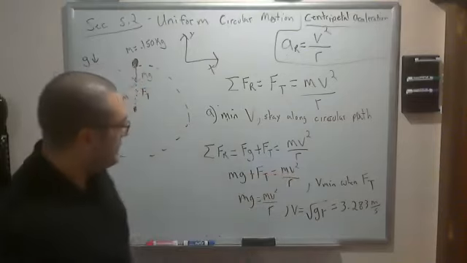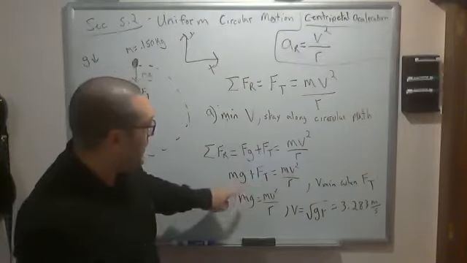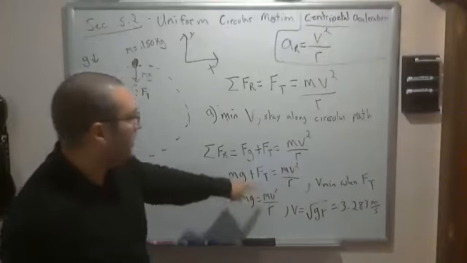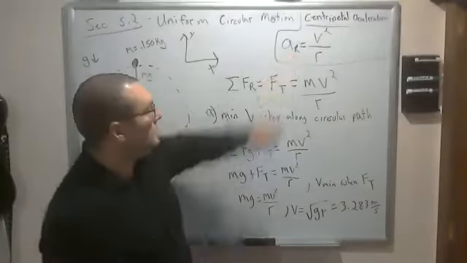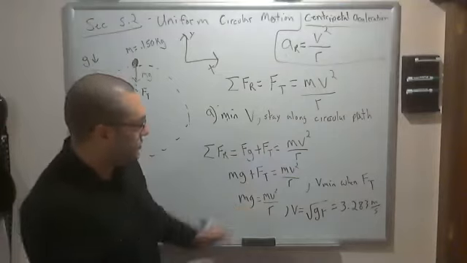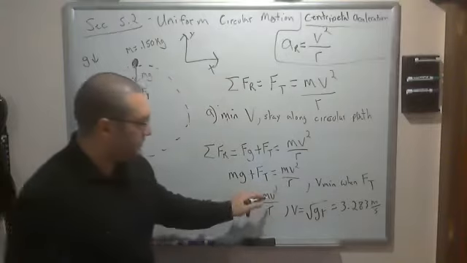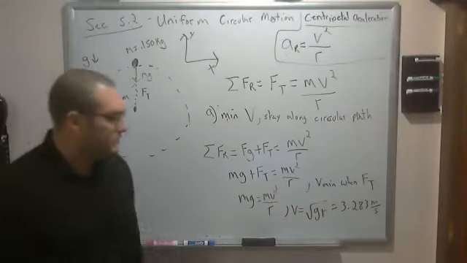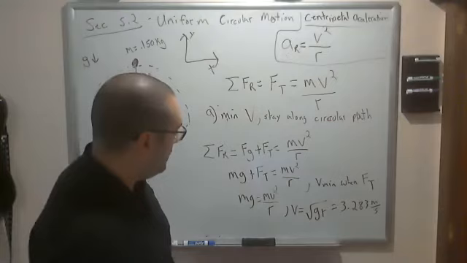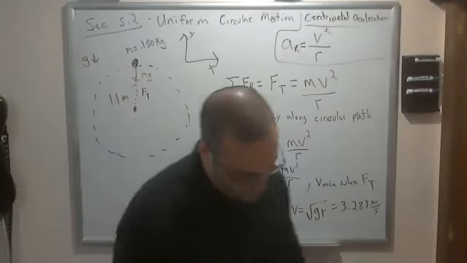In that case, FT is 0, but gravity has to satisfy this equality for circular motion, where the radial force is equal to mv squared over r. So we're finding that special position.